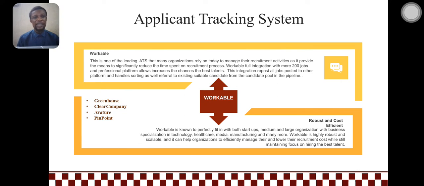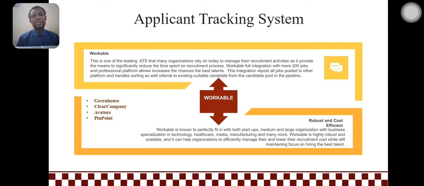Some ATS have about 200 other job platforms that the job posted by every organization is distributed to. And so it then takes the resumes that are sent and screens them so that the best candidate can be shortlisted, so that the resume that meets the specified requirement is shortlisted.